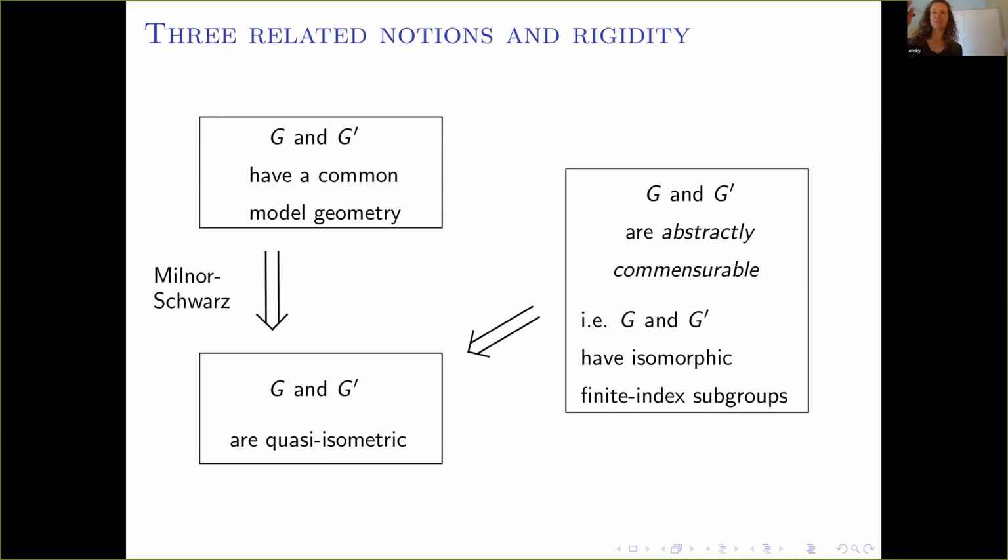The third notion we're interested in is algebraic. We say that groups G and G prime are abstractly commensurable if they contain finite index subgroups H in G and H prime in G prime that are isomorphic.